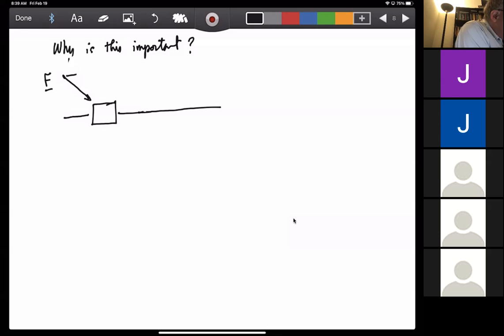So that means essentially you want to decompose your force into components along a certain direction and perpendicular to a certain direction.